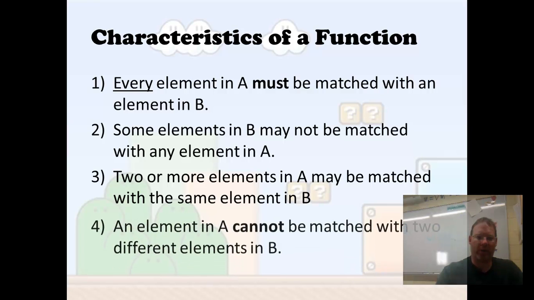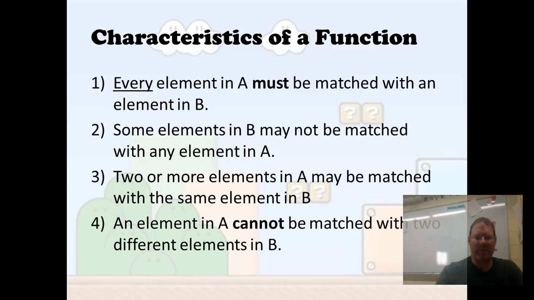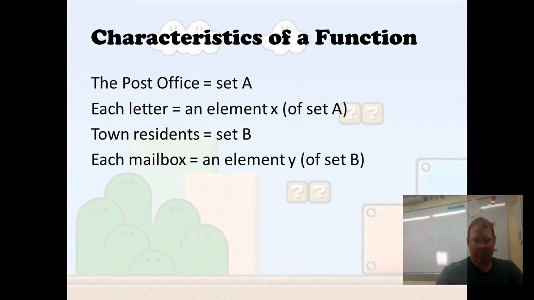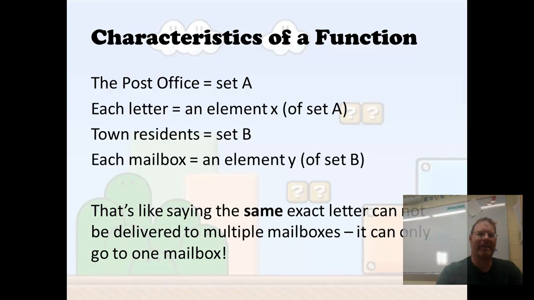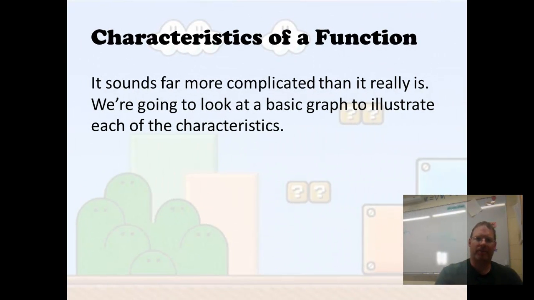And the fourth one, an element in A cannot be matched with 2 different elements in B, which is like saying the same exact letter cannot be delivered to multiple mailboxes. It can only go to one mailbox. Okay, so hopefully that makes sense. It sounds more complicated than it really is, and what I'm going to do now is take a look at a basic graph to illustrate the characteristics that we just talked about.